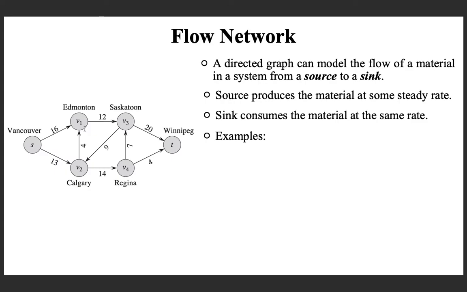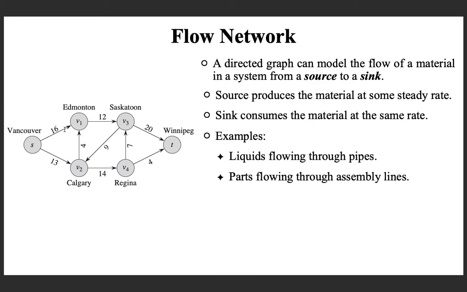Now you can look at examples, what kind of a flow it is representing or what kind of a material it can represent. The materials can be liquids flowing through pipes. Maybe this is the water tank, and this is a house where water needs to reach, and then it can be liquid or water flowing through pipes.